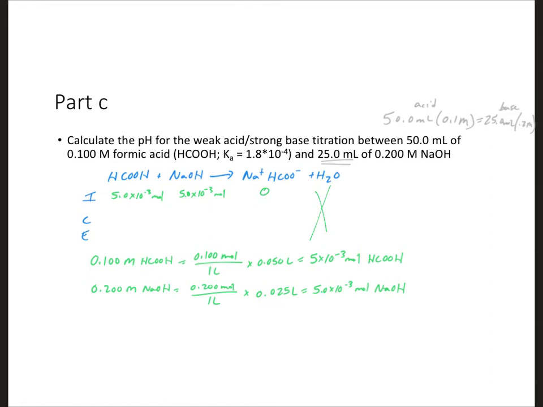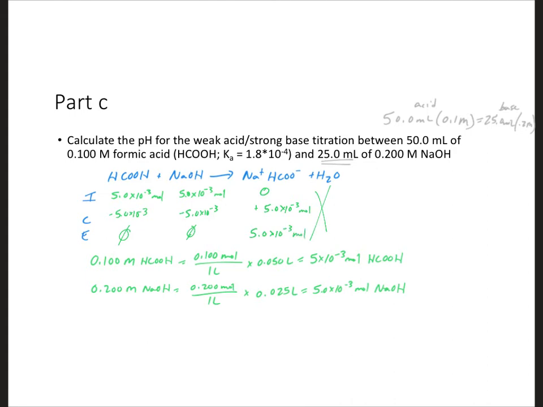So we're going to end up subtracting, they're both limiting, right? They're equivalent amounts. We're going to subtract 5.0 times 10 to the minus 3 from both of these, but that means we're going to add 5.0 times 10 to the minus 3 moles of that conjugate base. So 0 of our acid, 0 of those hydroxides, but yes, 5.0 times 10 to the minus 3 moles of that conjugate base.